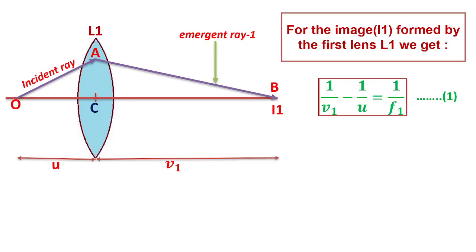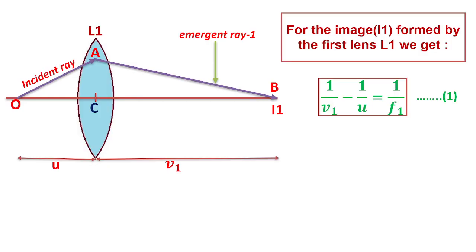An incident ray coming from the object is incident on the left hand surface of the lens L1. Bending action due to the concept of refraction takes place, and that is emergent ray 1 coming to the point B on the principal axis, forming image I1.